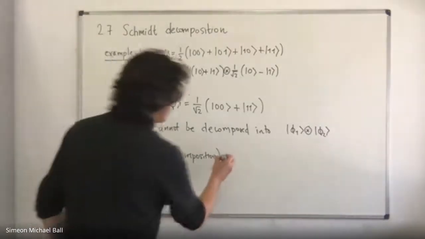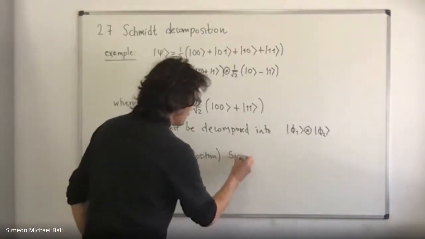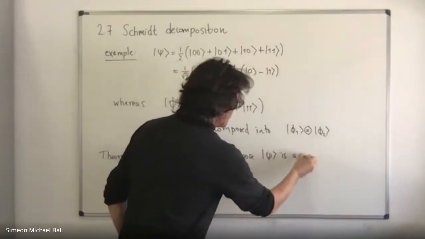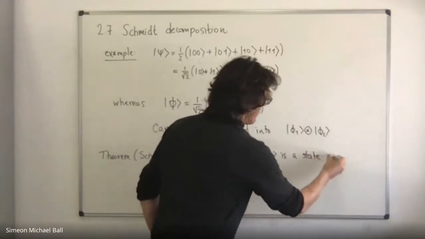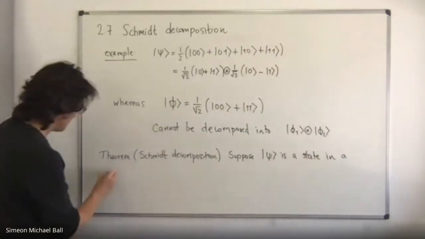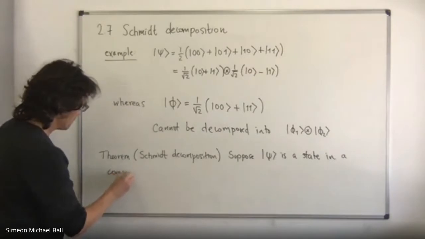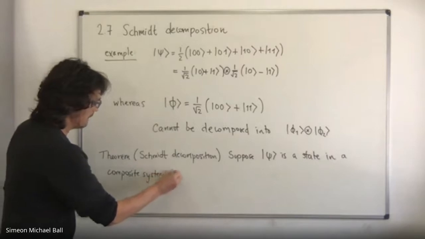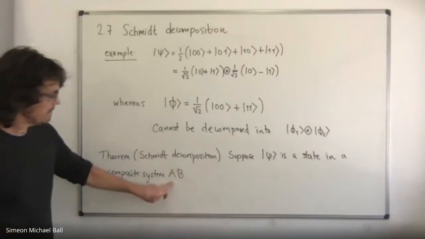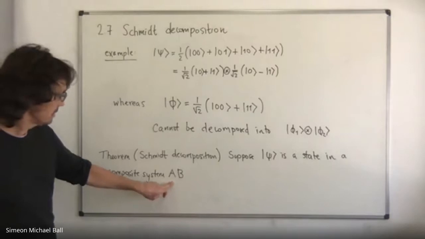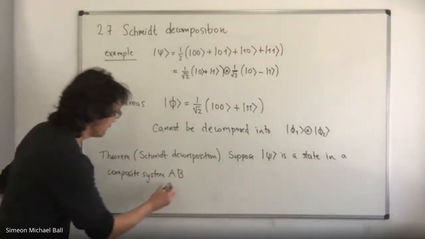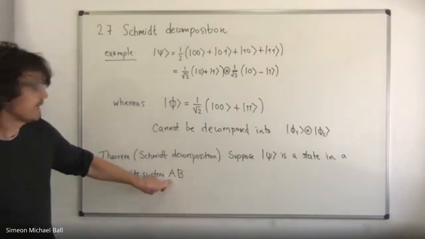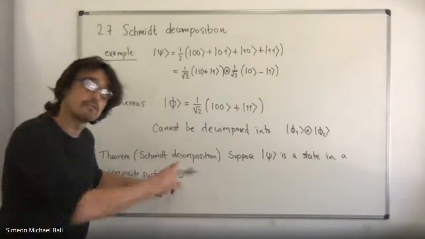So let's suppose phi is a state in a composite system A, B. All I mean here is that this is some number of particles, and this is another. So we have cardinality of A particles and cardinality of B particles.